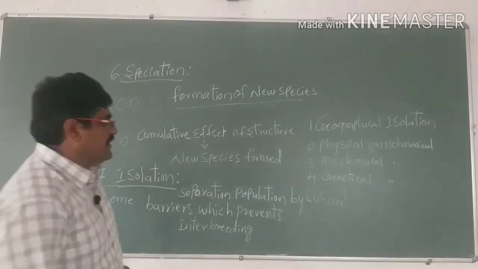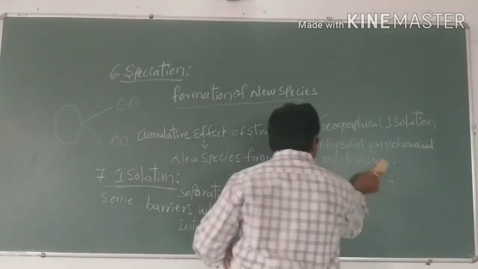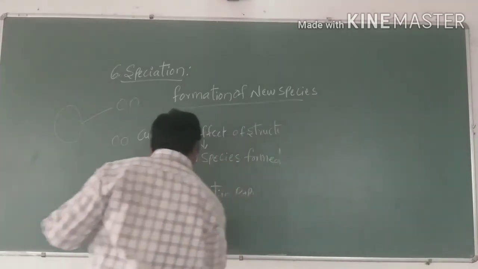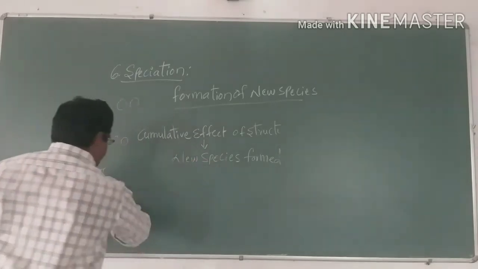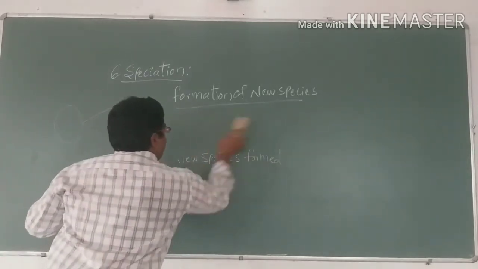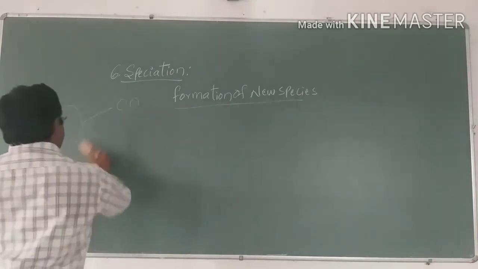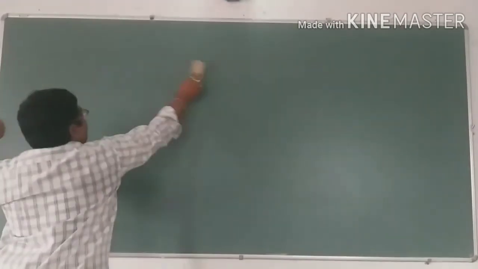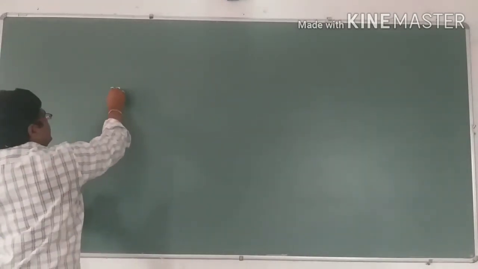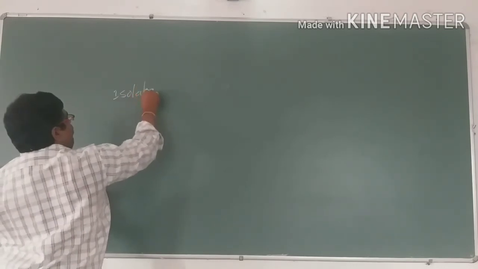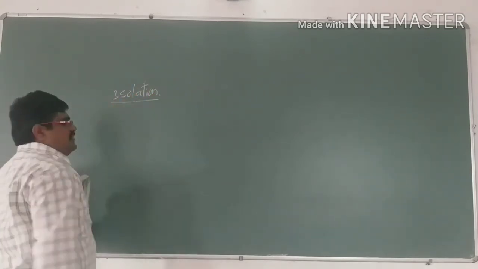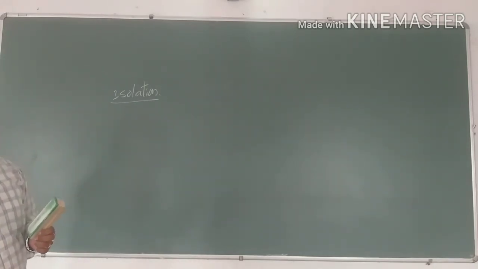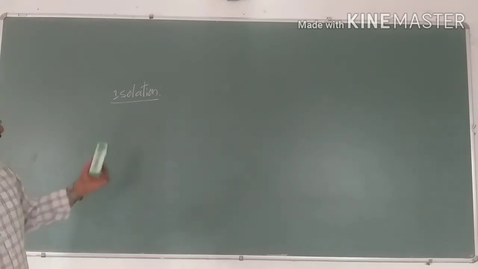Now coming to the definition: isolation means separation of the population into subunits by some barriers, we can call as isolation.